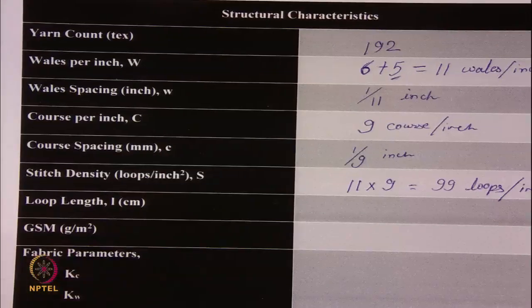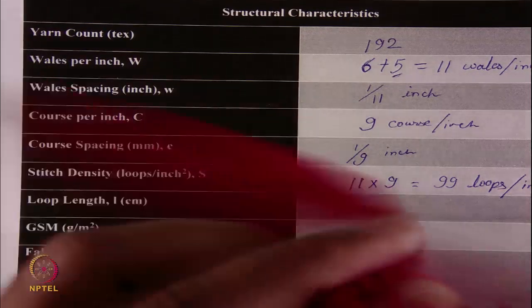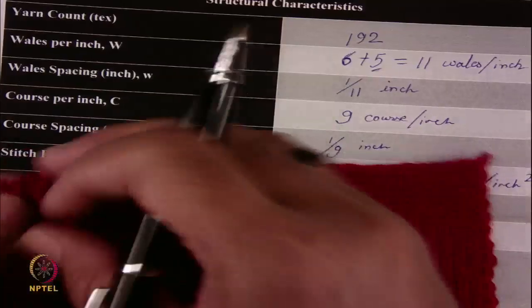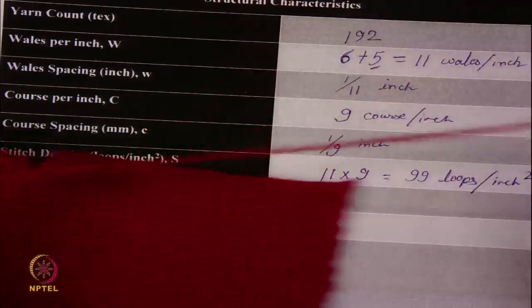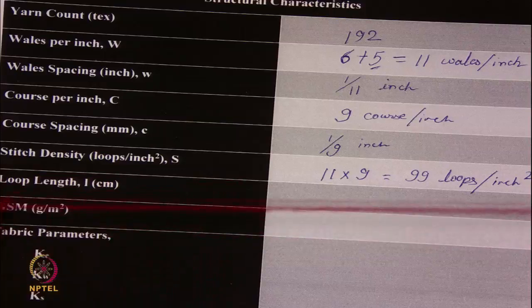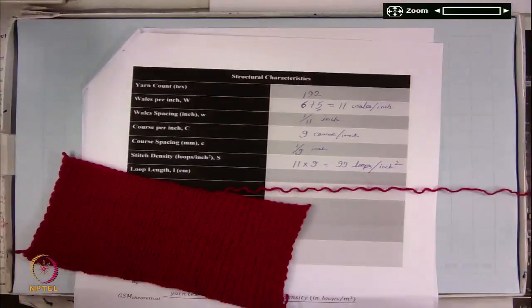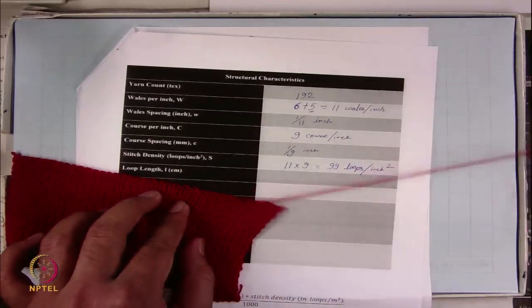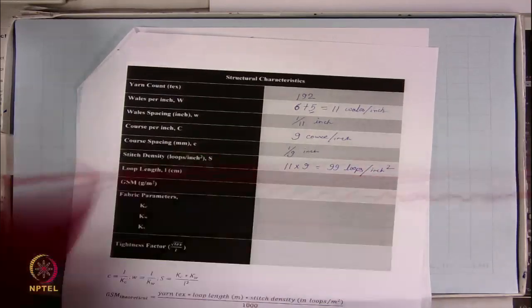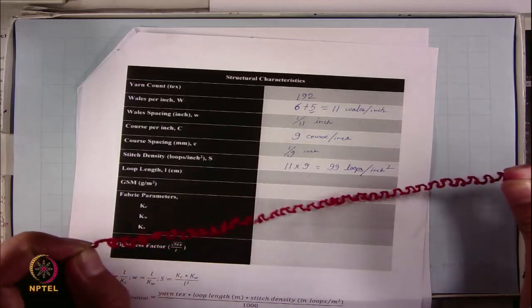Loop length, to measure the loop length, it is pretty simple. What you can do is start unraveling the yarn from one side to the other side. So, this is the total length of the yarn which you have unraveled.